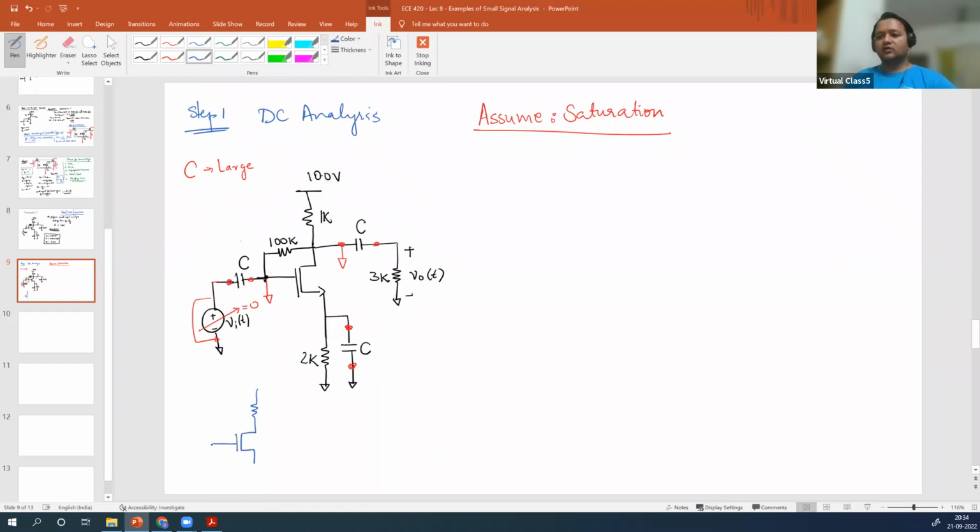Gate is grounded. A resistor is connected from gate to drain, 100K here, 1K here, 10 volt here, 2K here. Output V0 is now ground. So what is the DC value?